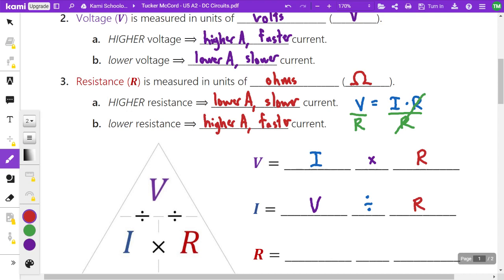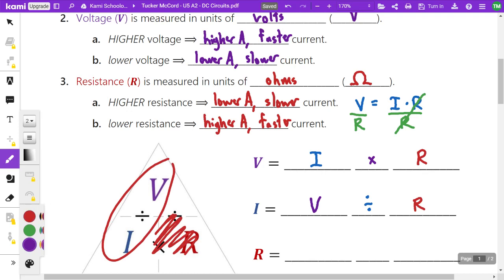Resistance is going to be equal to, if we take the shortcut, cover this up, voltage divided by current. So if I take the voltage that I know, maybe from a voltmeter or from the labels on batteries, and I divide it by the current that I can maybe measure from an ammeter, then I can find what the resistance in the circuit should be.